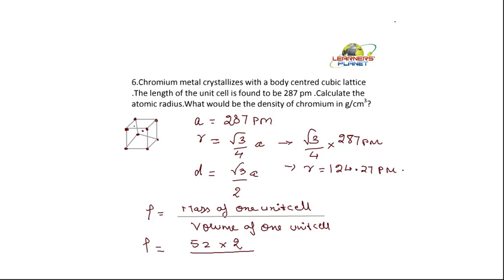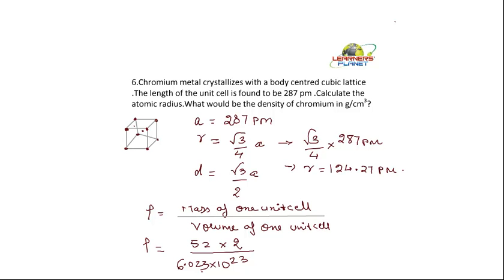Sorry, so it should be the number of atoms per unit cell. That is equal to 6.023 into 10 to the power 23. That is the mass of the unit cell, and the mass of one atom is the atomic mass upon 6.023 into 10 to the power 23.